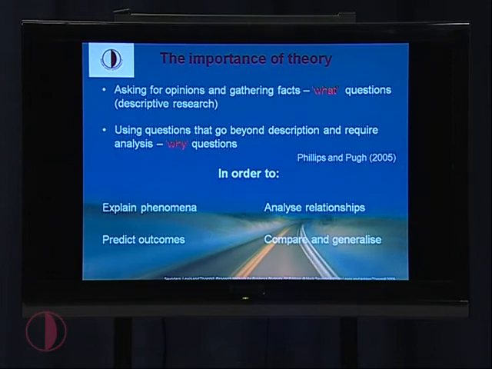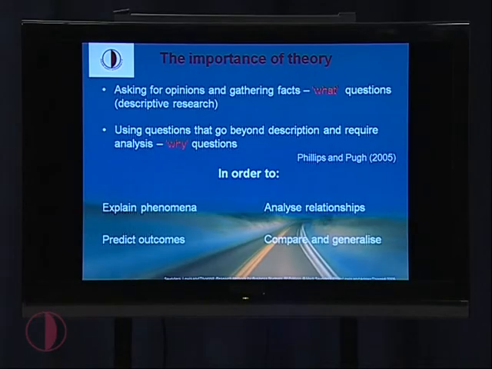The importance, asking for opinion and gathering facts. What questions? Descriptive research. What is the relation between A and B? Using questions that go beyond descriptions and require analysis to find out the type and the nature of the relation between the variables.